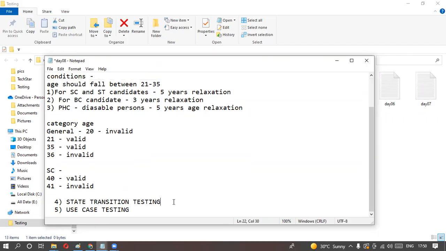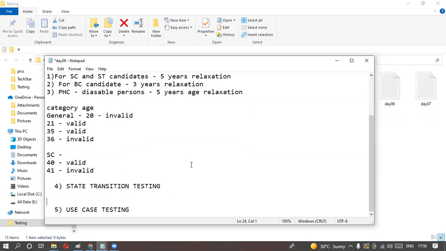Okay, what is state transition testing? What is state? The name itself clearly says. What is state transition testing?